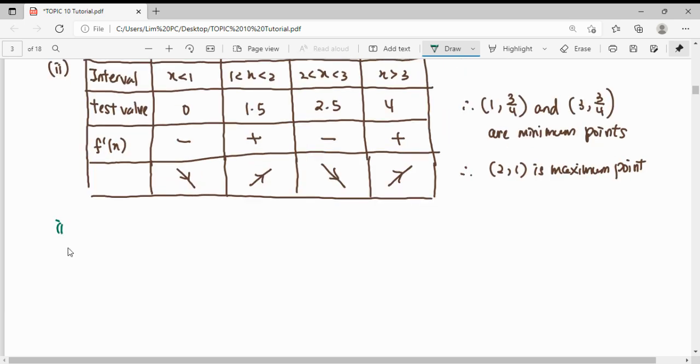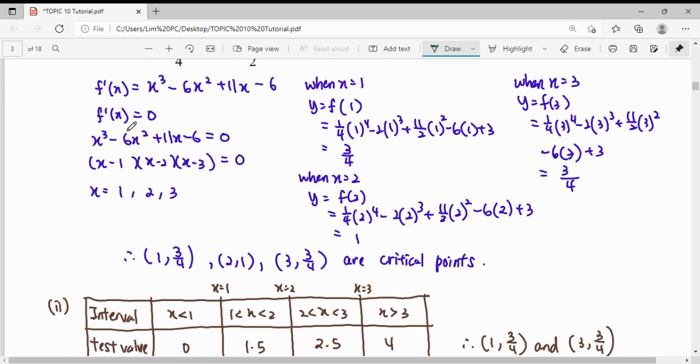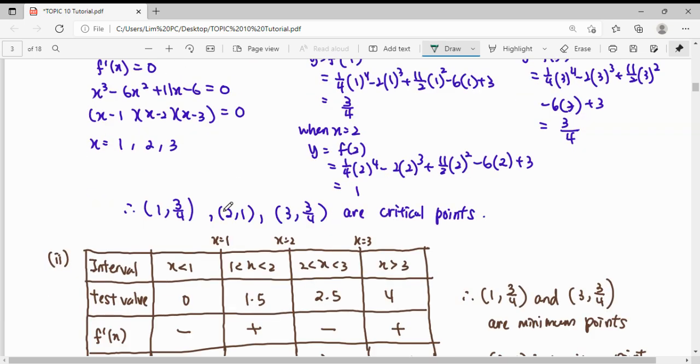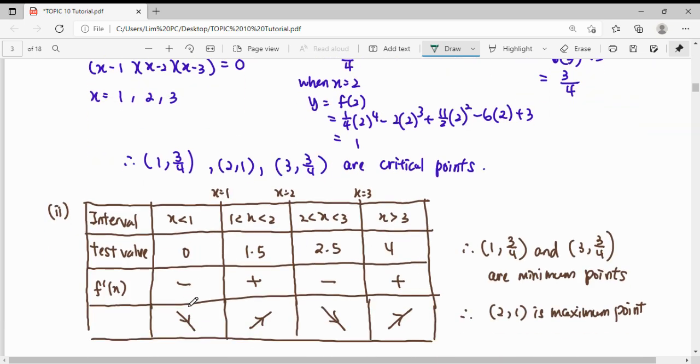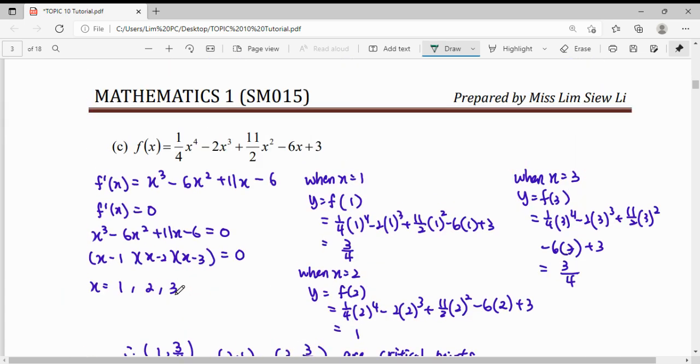For part 3, they say use the second derivative test. So we are going to differentiate our function again. From the first derivative that we got just now, we substituted our values to see the gradient of the tangent, whether it's increasing or decreasing, in order to verify whether it is a maximum or minimum point.